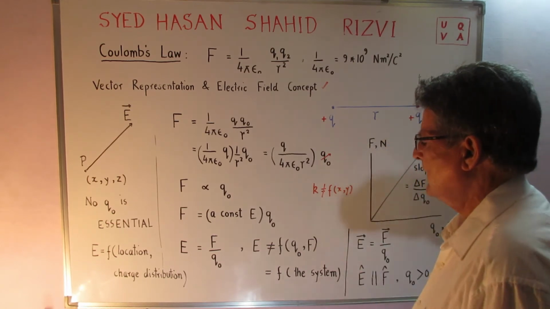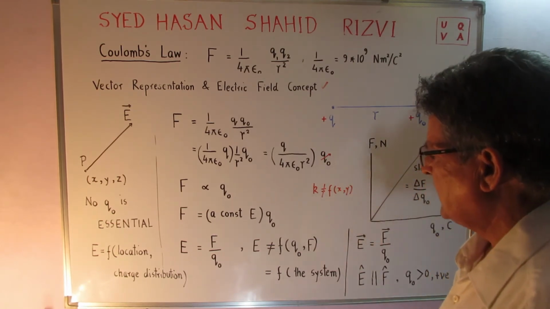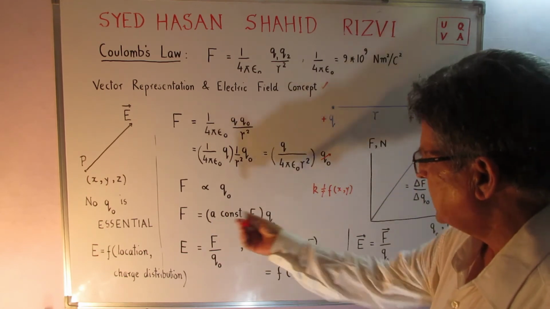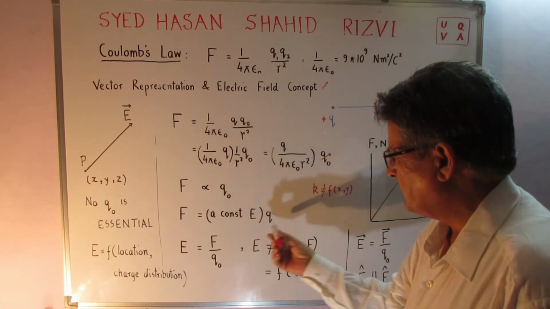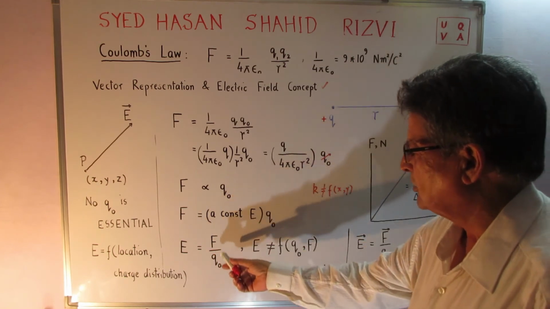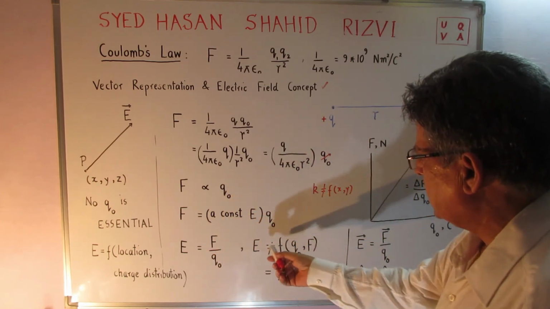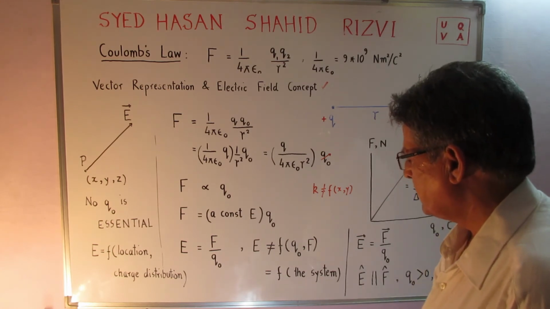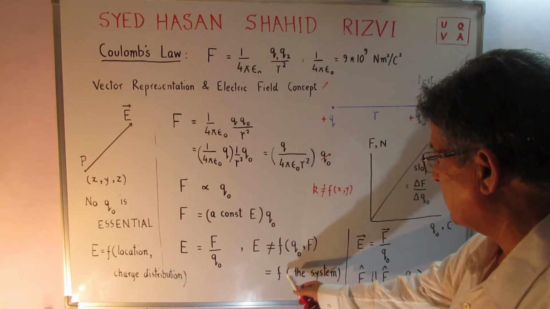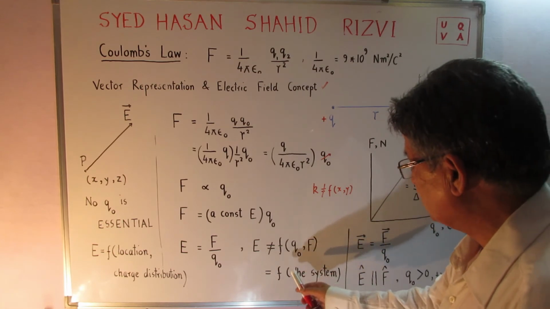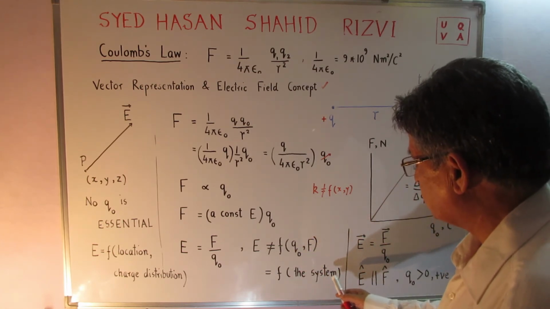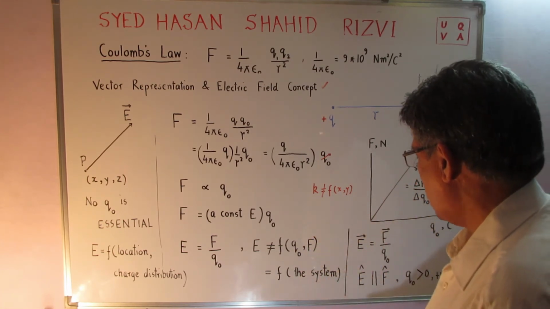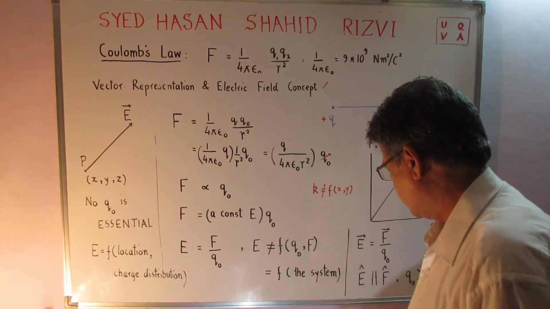So similarly, by algebraic manipulation I can write E is equal to F upon Q naught, where E is not a function of either Q naught or F. Okay. It is rather a function of the system.